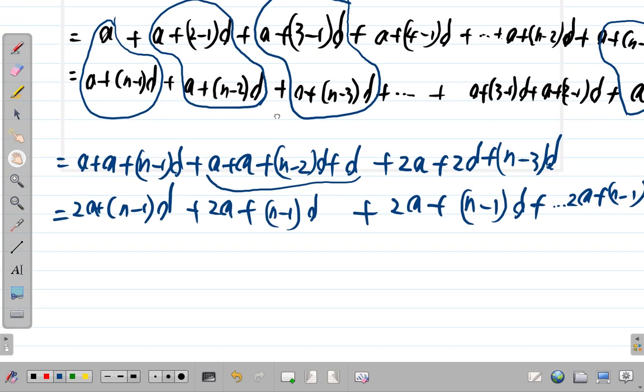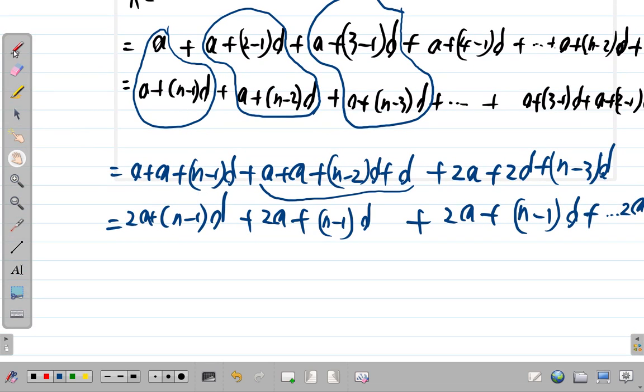Now, remember, all of this here is 2 times the sum of n terms, because this is the sum of the n terms and this is the sum of n terms. It's just that it turned the other way. You will repeat it with the last term first.